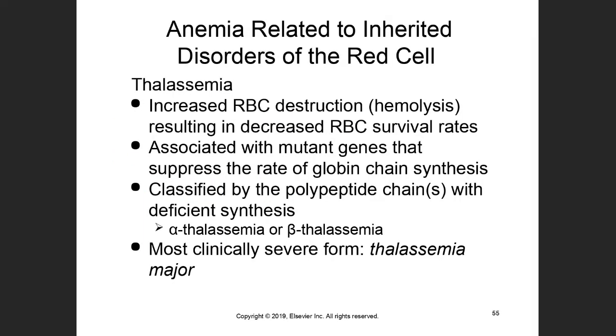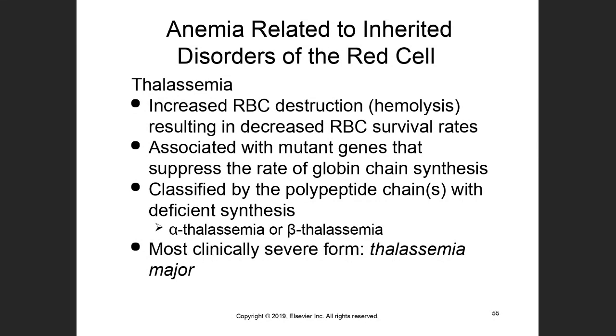Now we have thalassemia. Thalassemia is a problem in the hemoglobin, okay? It's a hemoglobinopathy, something like that. It's a problem in the structure of the hemoglobin, okay? Remember that we have alpha and beta chains in the hemoglobin.